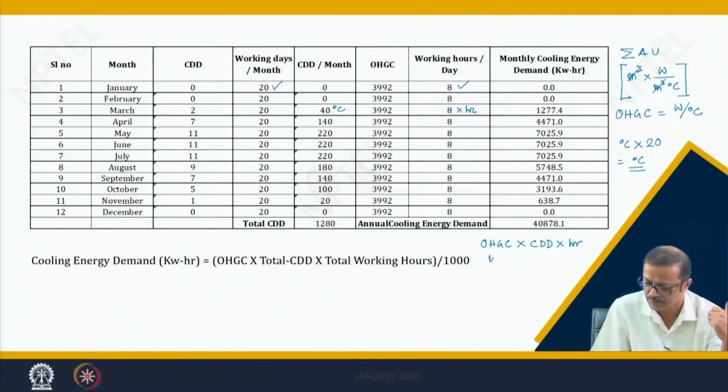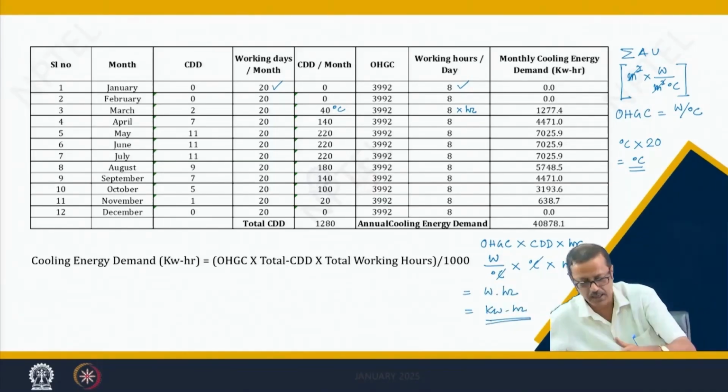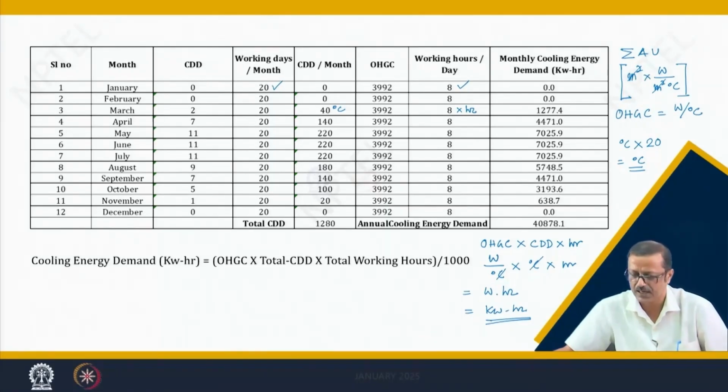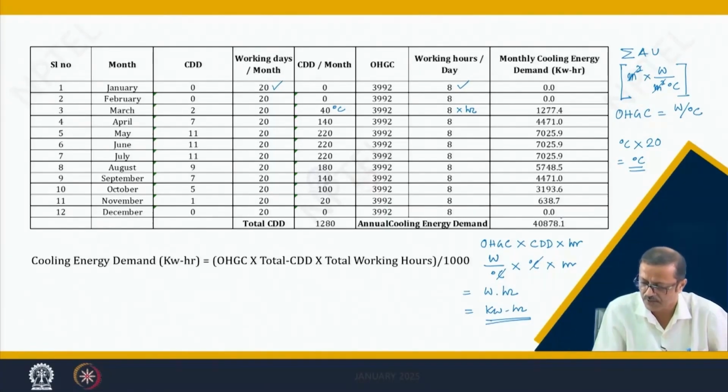So, OHGC is your watt per degree C multiplied by the degree C into hour. That means I am finally getting watt into hour, and I am converting that to kilowatt hour, which is the unit of energy.